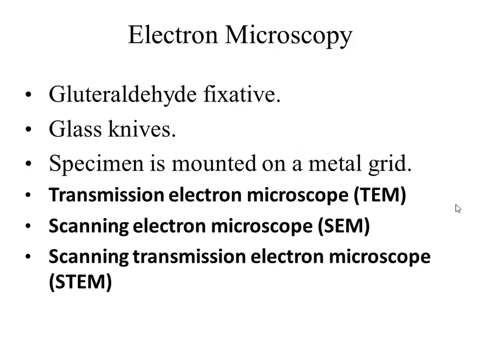For preparing the material for electron microscopy, we use glutaraldehyde fixative and a special glass knife to make very thin pellicles of the tissue. The specimen is mounted on a metal grid. There are several types of electron microscopy, but more often we use the transmission and scanning electron microscope.